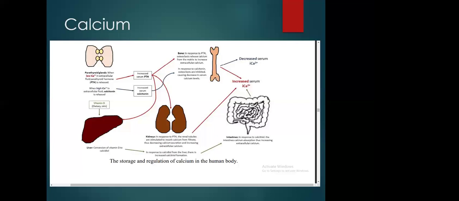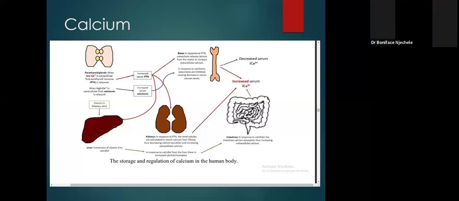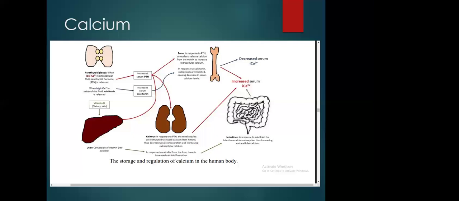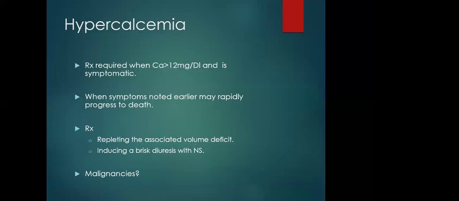It's bound to albumin, it is diffusible between the intracellular and the extracellular compartment, and it is also bound to anions like bicarbonate and also phosphate. And its ionized form is very important because it helps in coagulation, muscle contraction, hormonal function, neuronal function, and also renal cellular function.